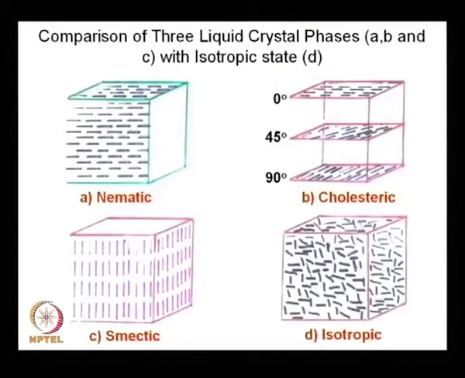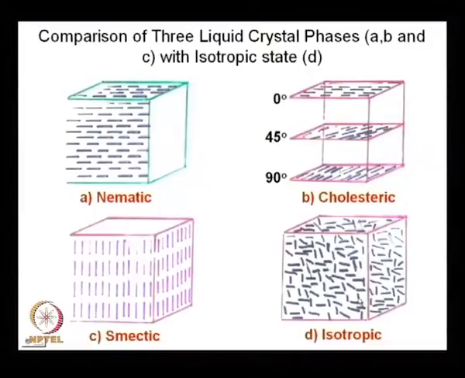Now, you see a comparison of three liquid crystal phases: nematic, smectic, cholesteric, and isotropic. You see, isotropic means the units are oriented in random directions, there is no fixed direction, that is why this is isotropic.